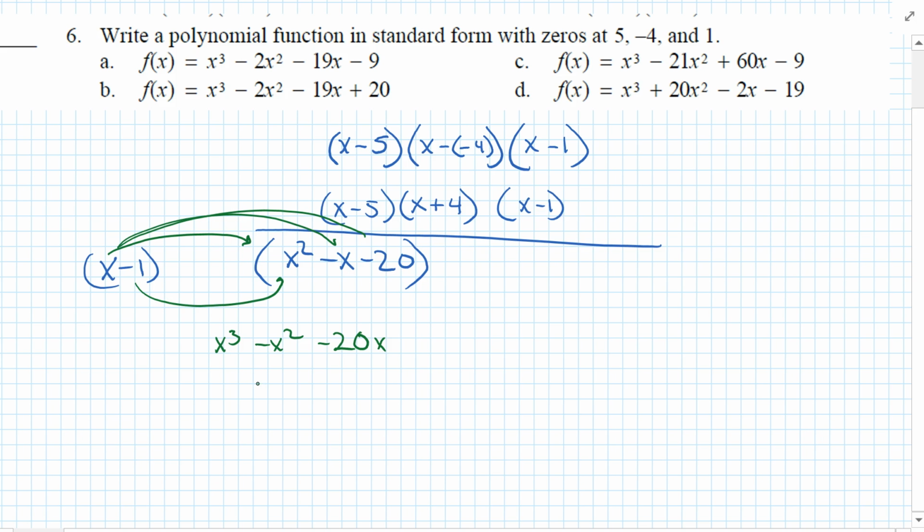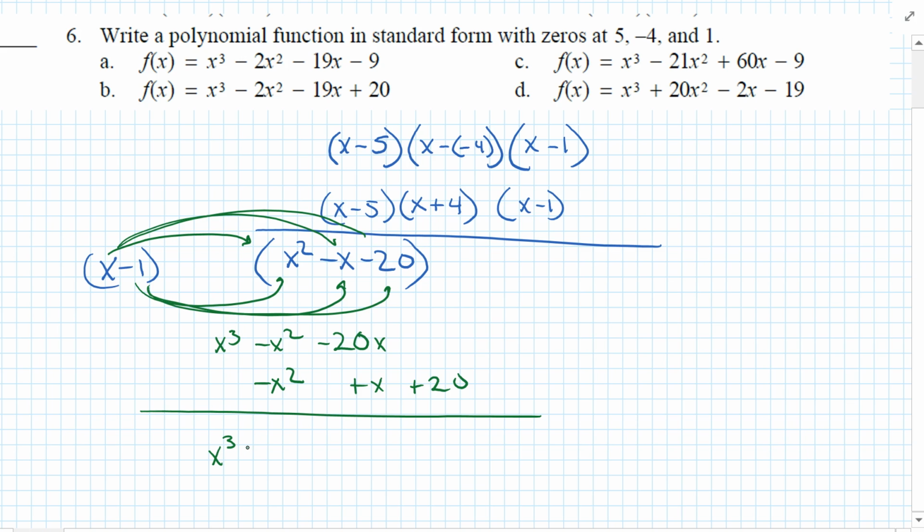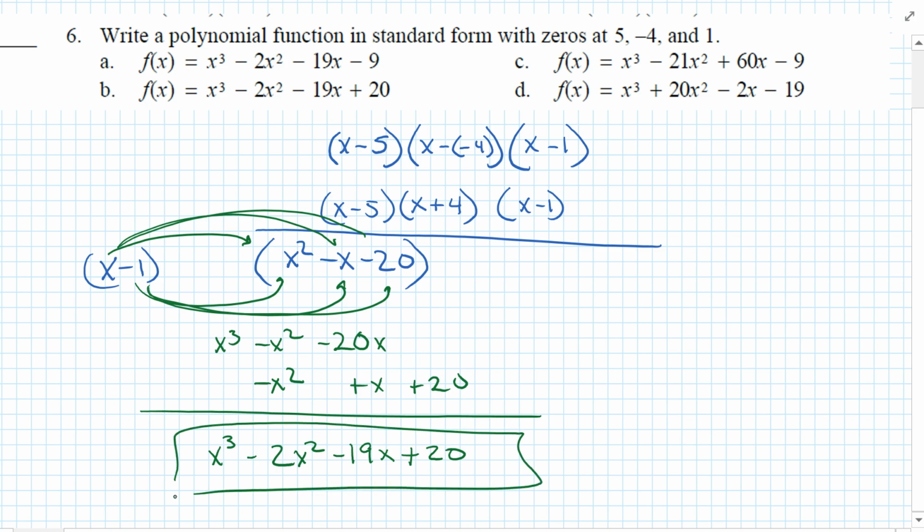Negative 1 times x squared is negative x squared. Negative 1 times negative x is positive x. And negative 1 times negative 20 is positive 20. I'm going to sum like terms, so I'm going to get x cubed minus 2x squared minus 19x plus 20. So the answer is B.